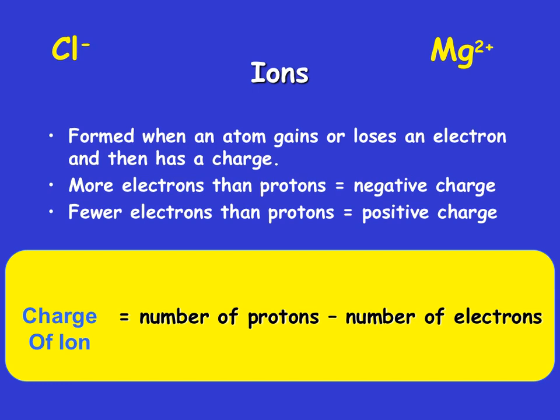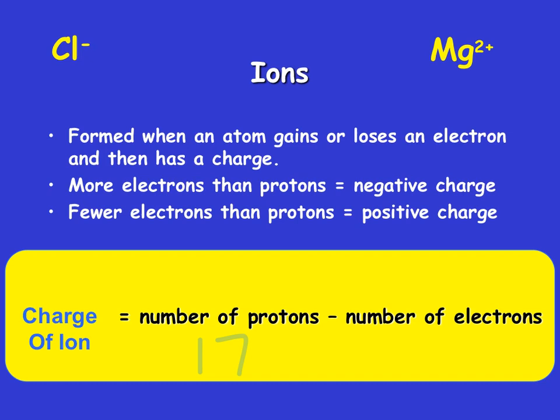Another way that you can calculate this is by using this formula. If you know the charge of the ion, you'll know the number of protons, then you can figure out the number of electrons. So for example, if we had Cl minus, we could look on the periodic table. We could see that it has 17 protons.